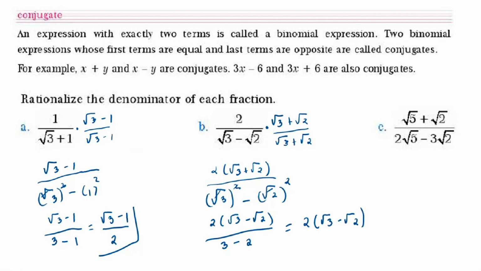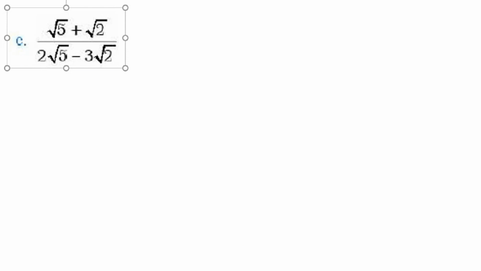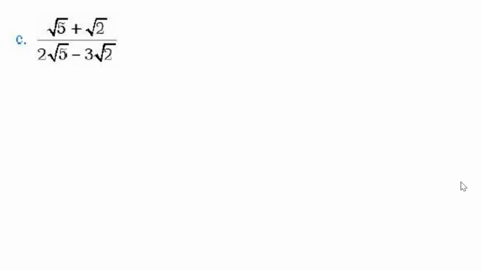Okay, for letter C, I will solve it here because we are running out of space in that slide. For this, our conjugate is 2 square root of 5 plus 3 square root of 2. So multiply this by 2 square root of 5 plus 3 square root of 2 all over 2 square root of 5 plus 3 square root of 2.